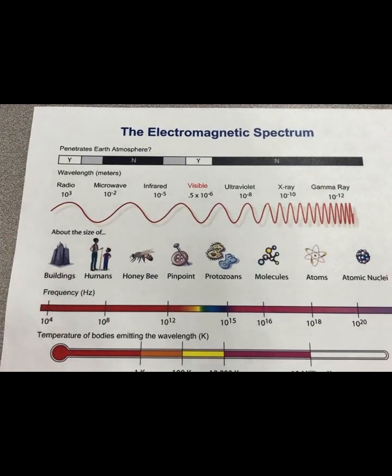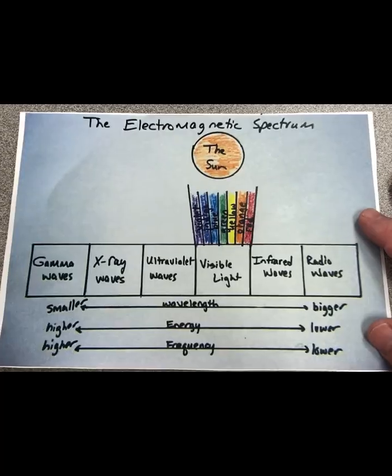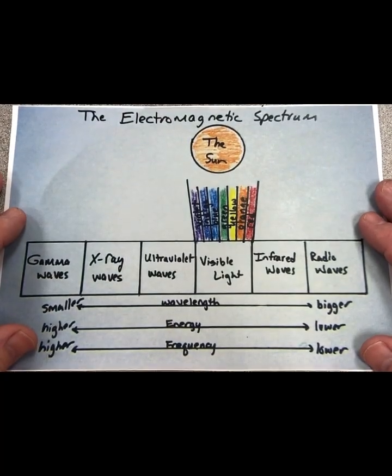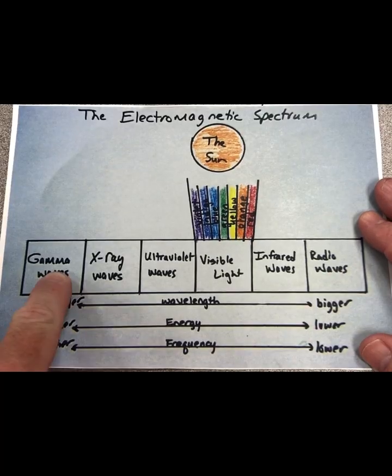Again, my advice to you is as you go through this, just draw it out. That way you have your own and you can reference your own as you familiarize yourself with it. Here's one that was drawn up before. And again, this one was done from radio to gamma.